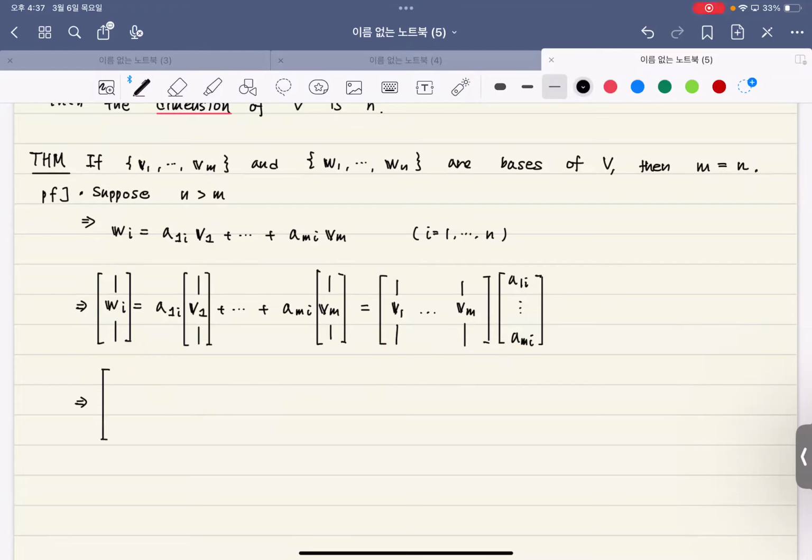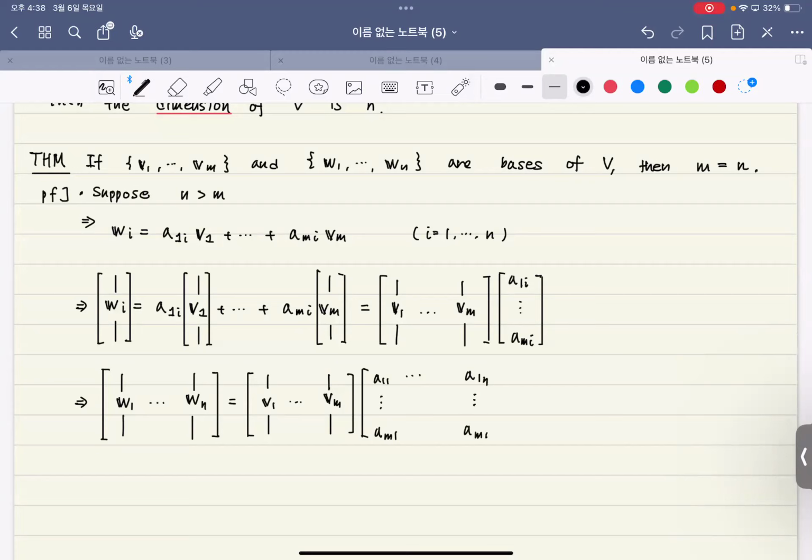Then w1, w2, all the way up to wn is equal to the matrix from v1 to vm, these basis vectors, multiplied by the matrix with entries a11, am1, up to a1n, amn, right?